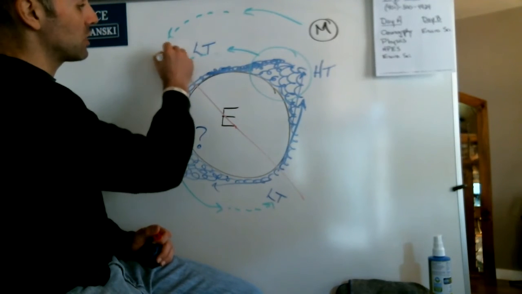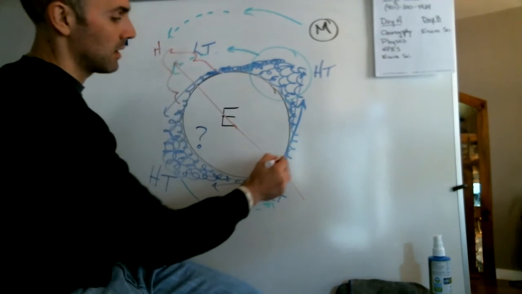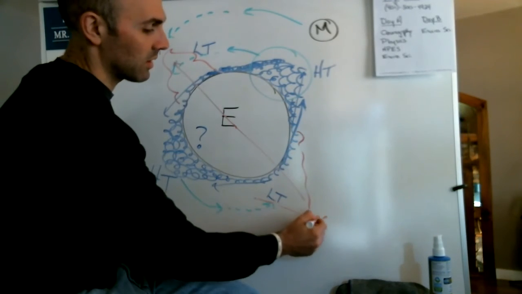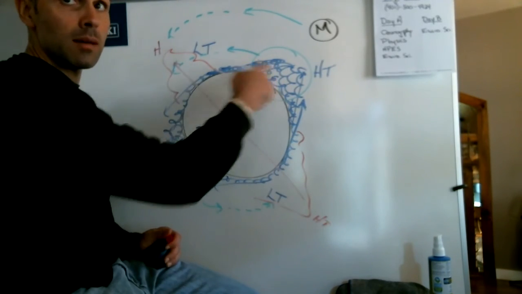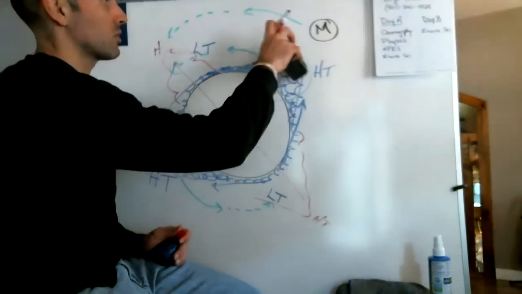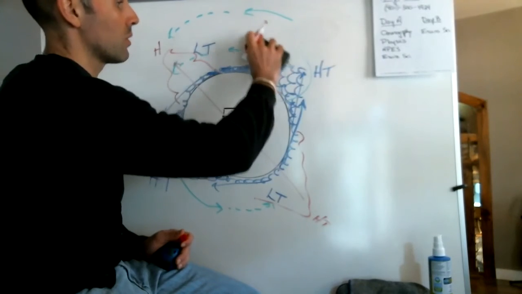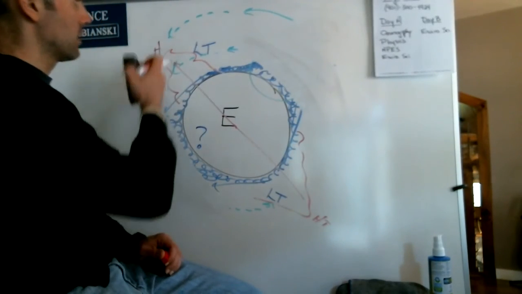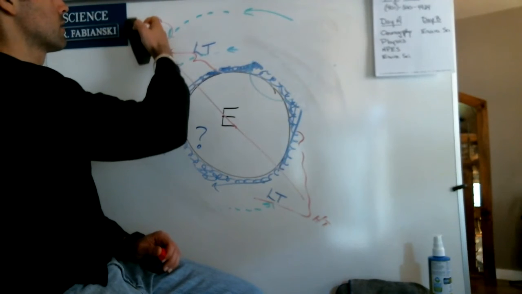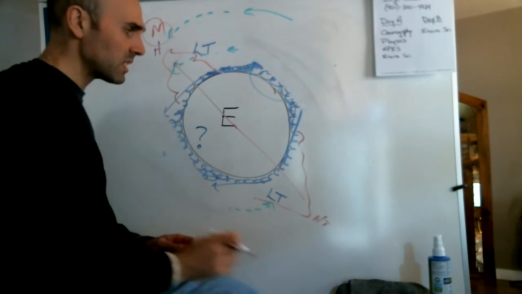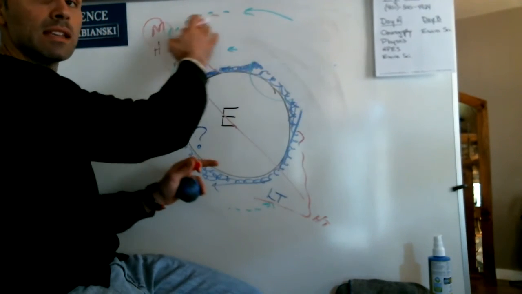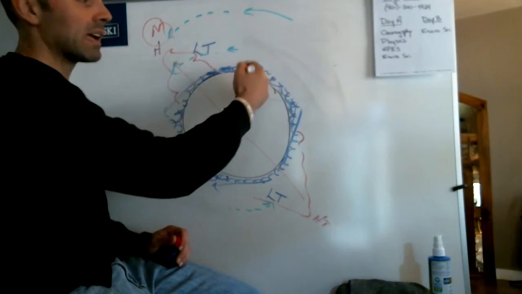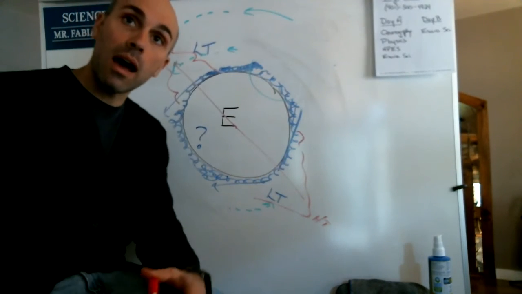And we get a bulge here, which gives us high tide, and a bulge here, which gives us high tide. These become low tide, because the Moon is no longer there. The Moon is now out there. So this orbiting constantly gives us high and low tide every 6 hours.